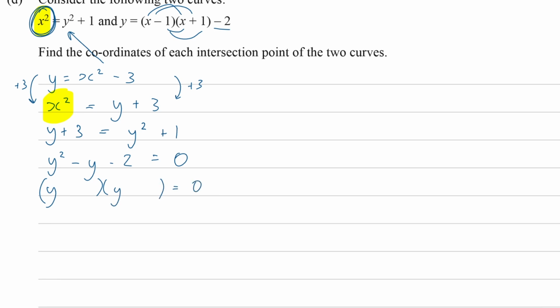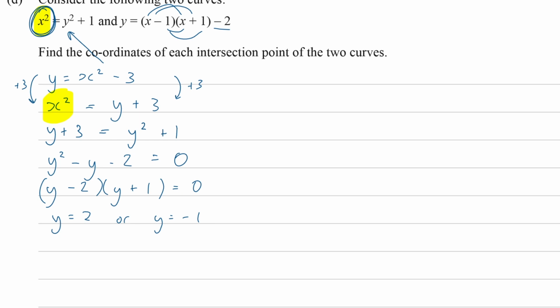So multiplies to negative 2, adds to negative 1, negative 2 and positive 1. And then solving for y would equal positive 2, or y would equal negative 1. Great, so those are some y values.